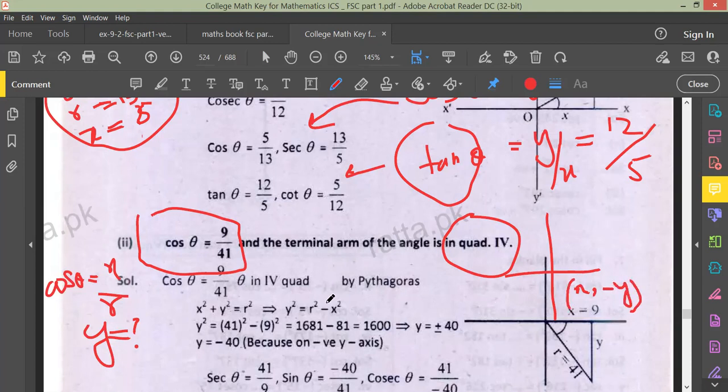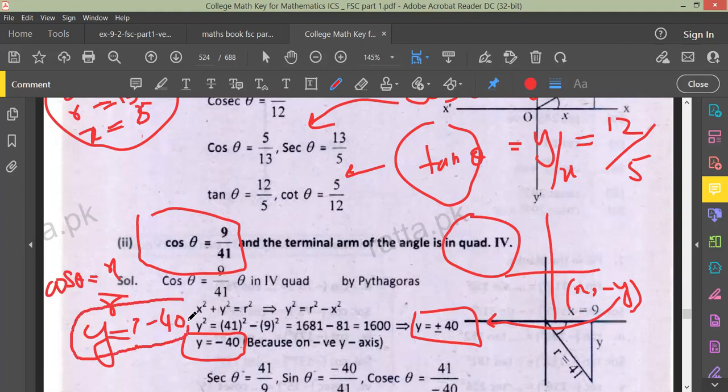After applying Pythagoras theorem, the value of y will be equal to plus minus 40. Because this is in fourth quadrant, we know that the value of y is minus. So we will take y is equal to minus 40. So the values of x, y, and r are clear to us. After putting the values in the trigonometric ratios, we will find the final answer.